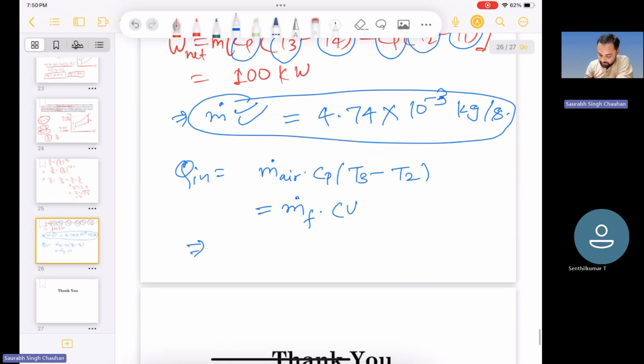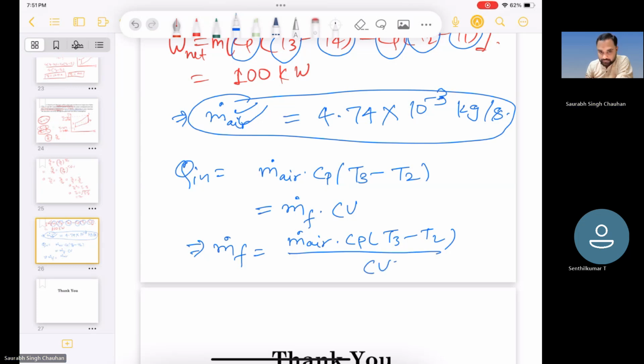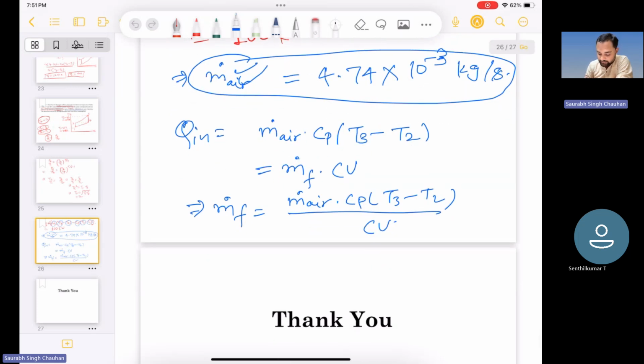So the mass flow rate of fuel you can calculate as the mass of air that you get from the first part of the question, times Cp T3 minus T2, divided by the calorific value. Is this clear?